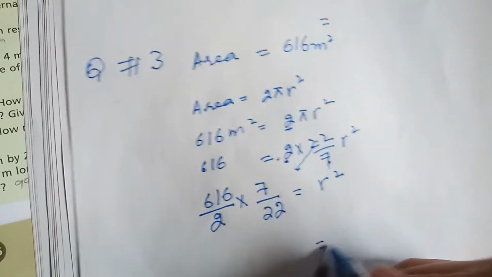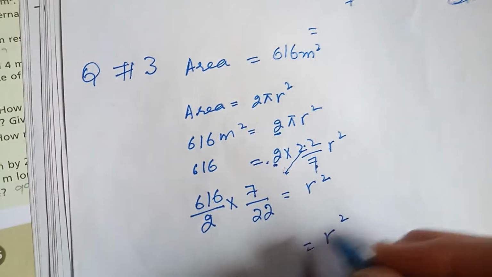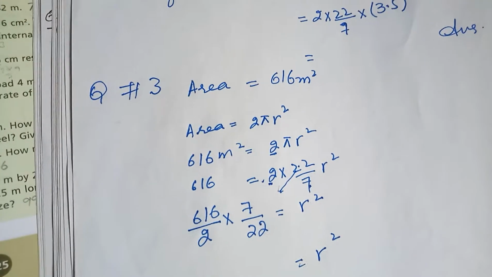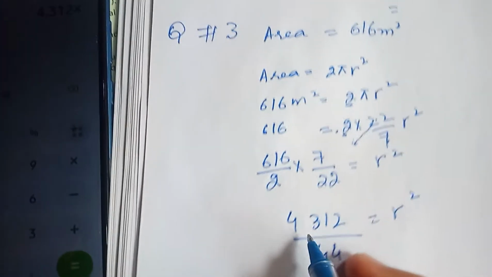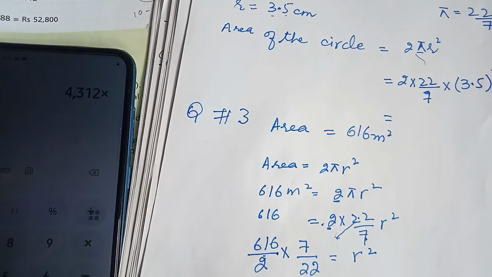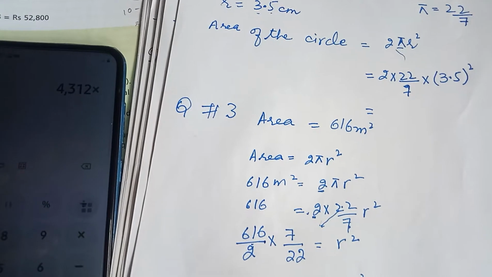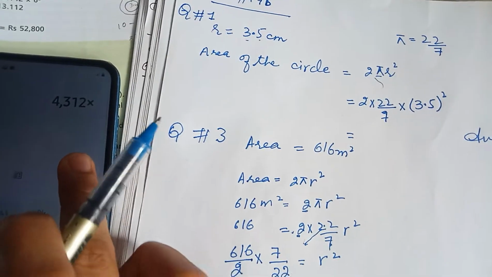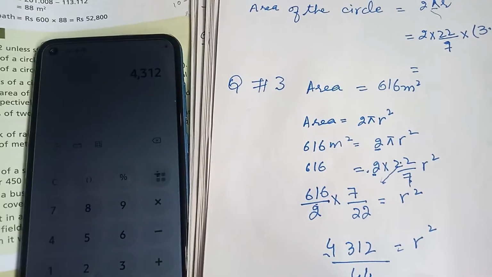So after the procedure of cancellation, 616 multiplied by 7, that is 4312, multiplied by 22 multiplied by 2, that is 44.